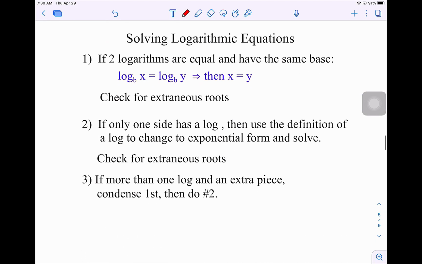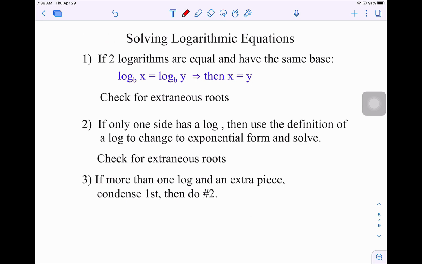Then we went to solving logarithmic equations, and so reminder again, usually one of three things is going to happen anytime you've got a log in the equation. Number one, if two logs are equal, remember their arguments are equal. I called that the common sense idea. Just set whatever the arguments are equal to each other and solve. Don't forget to check extraneous solutions.